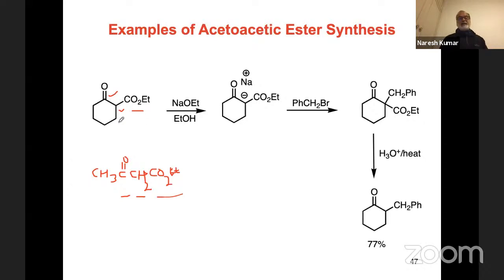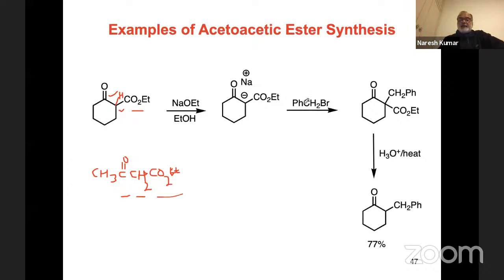And it'll do exactly the same chemistry, because we know that this proton sitting here at the junction is an acidic proton. And if you treat that with a base, this proton is removed, just like this proton can be removed. And then you react it with an alkyl halide. So the alkyl halide here is what we call a benzyl bromide, phenyl CH2Br.